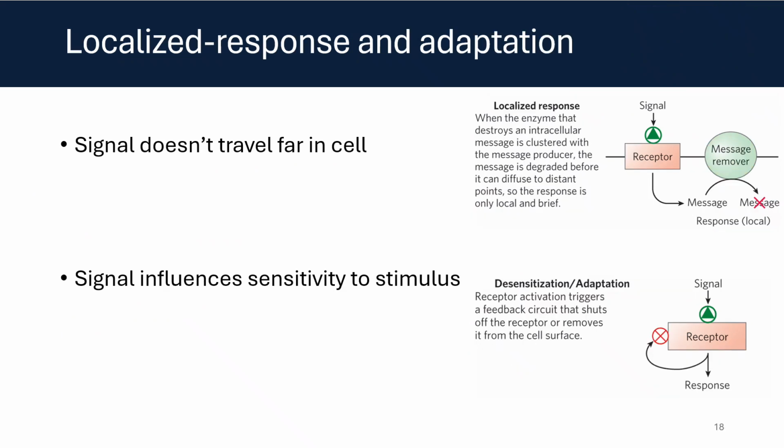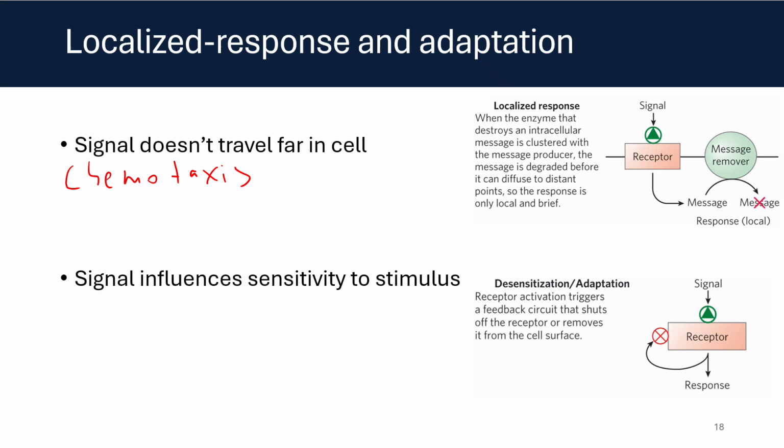To my knowledge, localized response and adaptation don't generally apply to apoptosis since that's a whole cell phenomenon, but I want you to think about chemotaxis instead. Chemotaxis is an excellent example of how a signal can be localized to microenvironments within the cell.